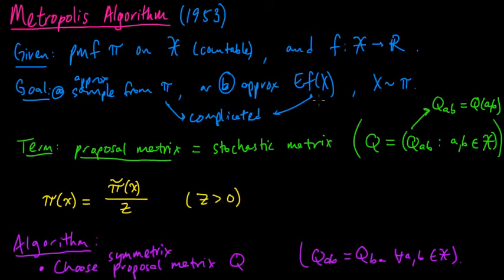Our plan for doing that was to construct a Markov chain that had the stationary distribution pi, and then to either draw samples, run it for a long time and then get a sample at the end, or take the sample mean as our approximation of this, and that would be justified if we could show that the necessary conditions for the ergodic theorem were to hold.